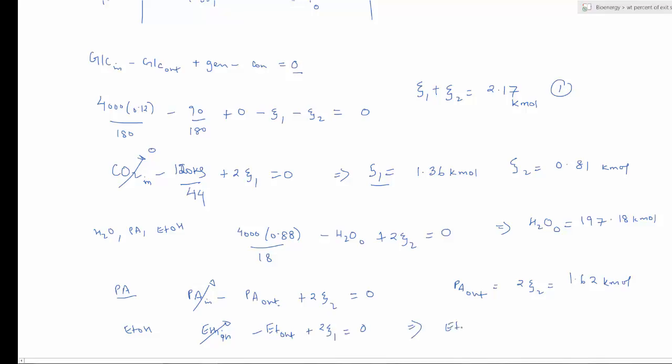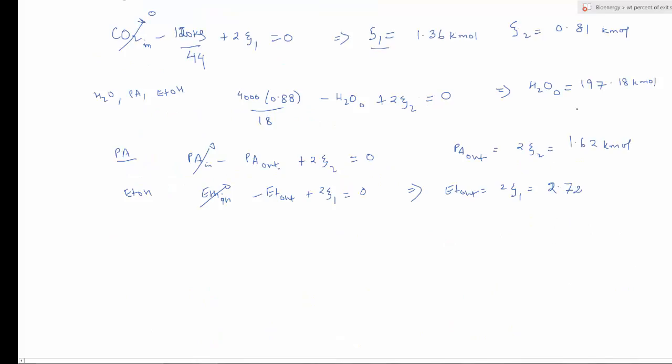That means ethanol out should be equal to 2 times the ξ1. So now we've got the moles of all the components of the exit streams. So it's just a matter of converting it to mass and finding out the final composition.